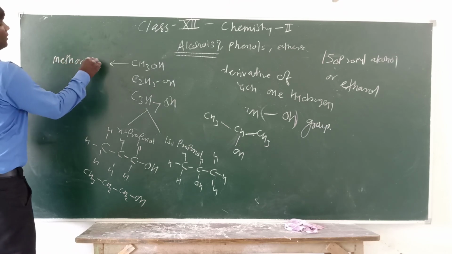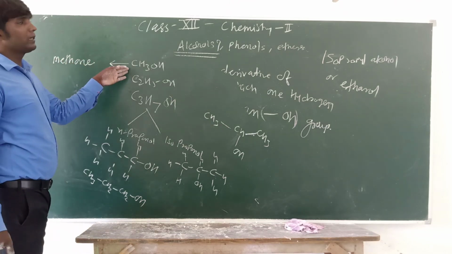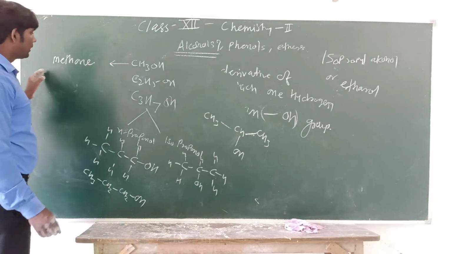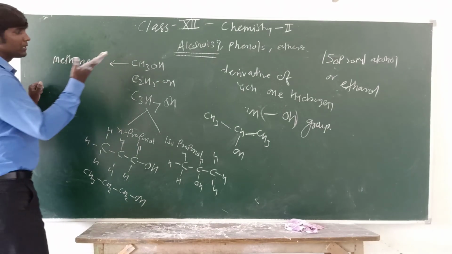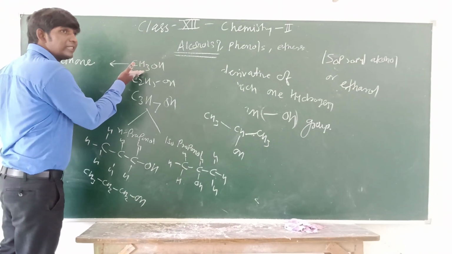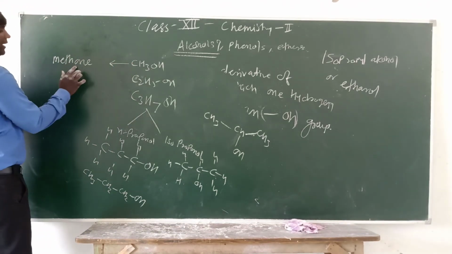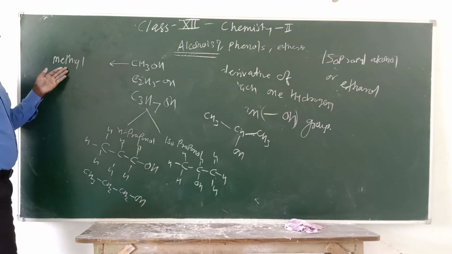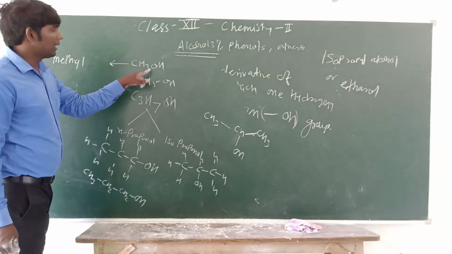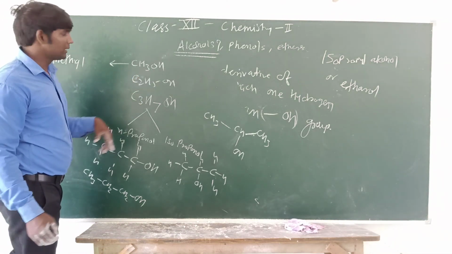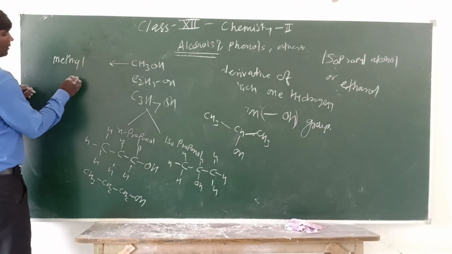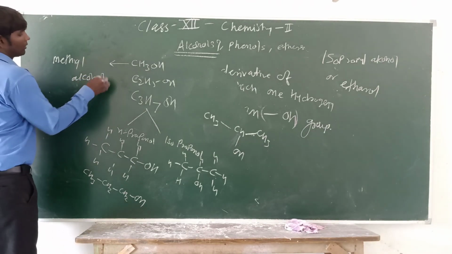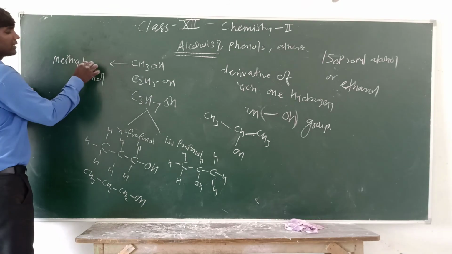One carbon hydrocarbon is called methane. Now we replace one hydrogen, so methyl is left behind. This is methyl, and what is this? OH, alcohol. Methyl alcohol, you can see this.